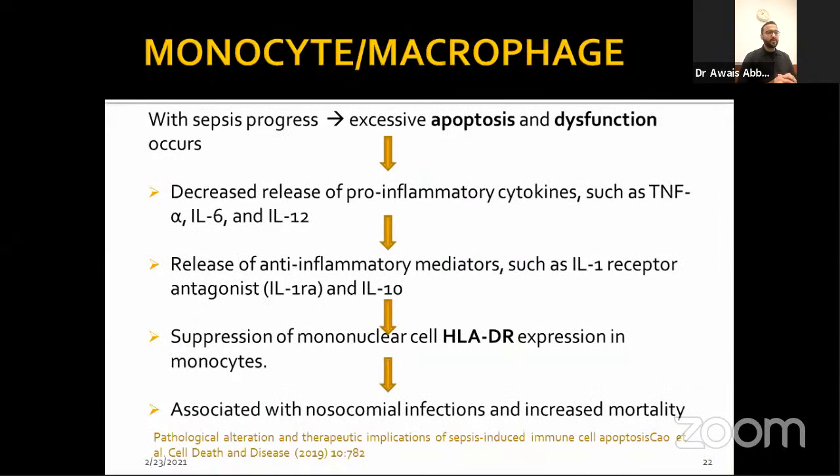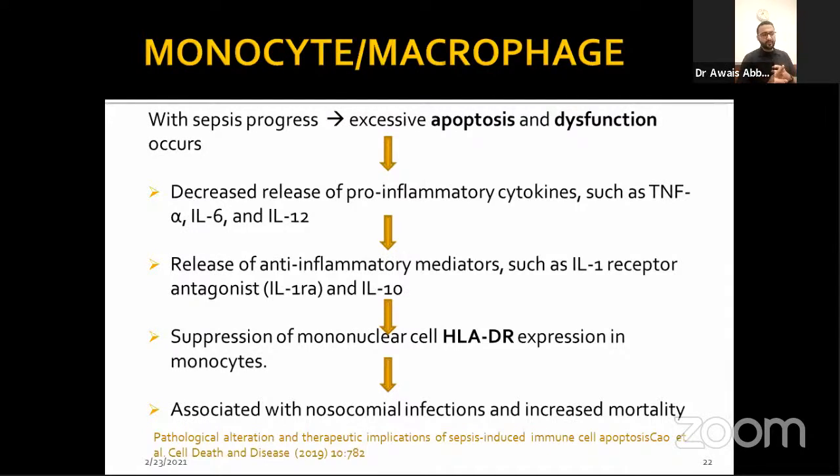Now, what happens to the monocyte and macrophage lineage in the immune paralysis phenomenon? With the progression of sepsis, there is excessive apoptosis and excessive dysfunction of the monocyte macrophage line as well. Two things happen. In the first place, there is decreased release of pro-inflammatory cytokines such as TNF alpha, interleukin 6, and interleukin 12.